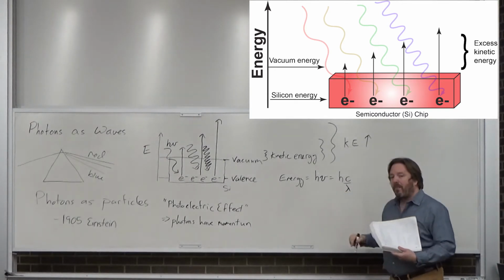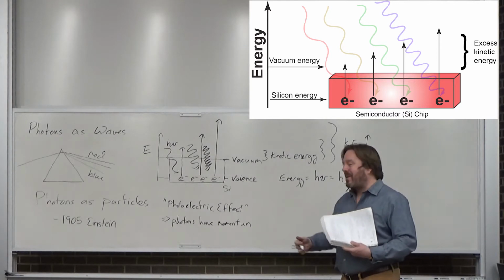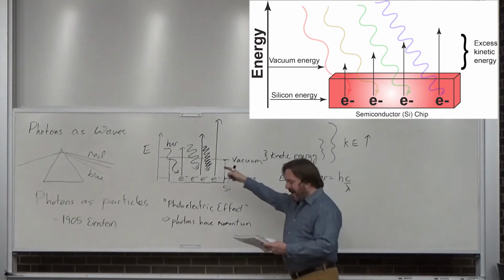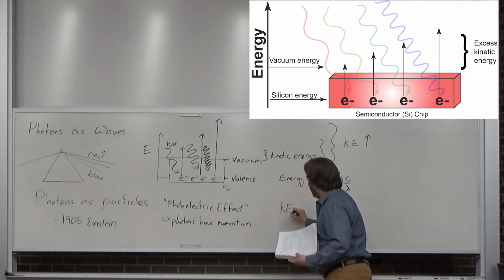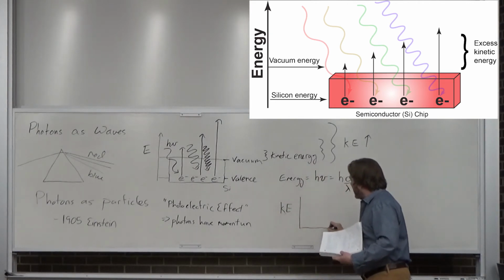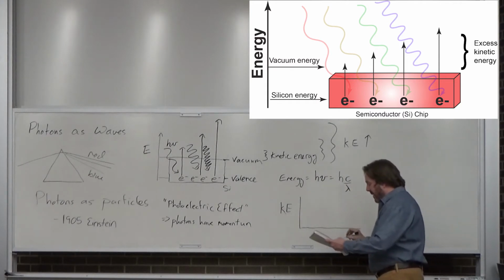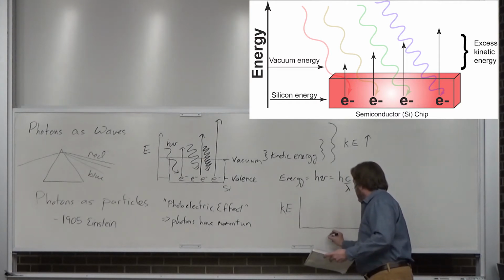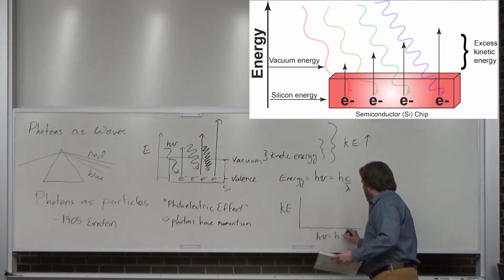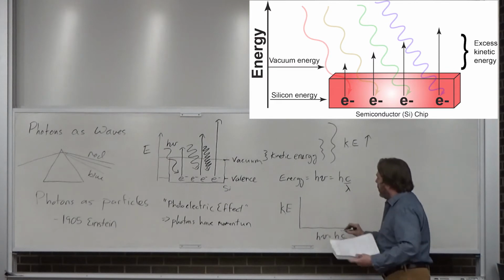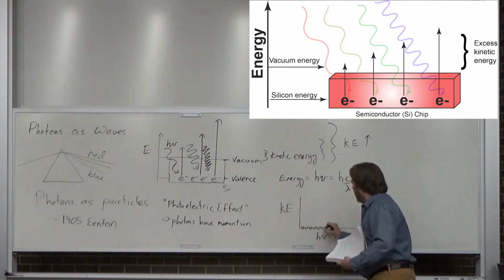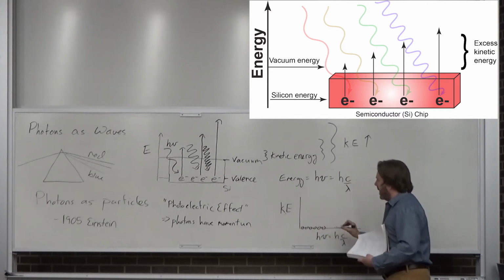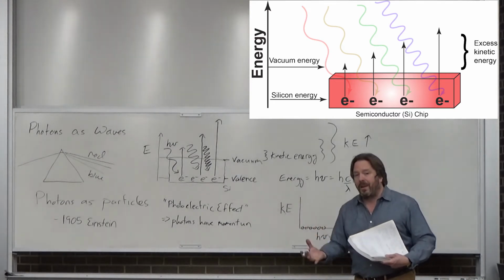Another neat thing about Planck's constant is that we know what that number is from the photoelectric effect. Here, let me show you. We can measure the kinetic energy, and I'm telling you, it's not hard to design an apparatus that does that. If you do that as a function of the energy of light, and again, let me use my wavelength form, what you find is that at infrared wavelengths, as you go closer and closer to the visible wavelength, there's no kinetic energy because there are no electrons.